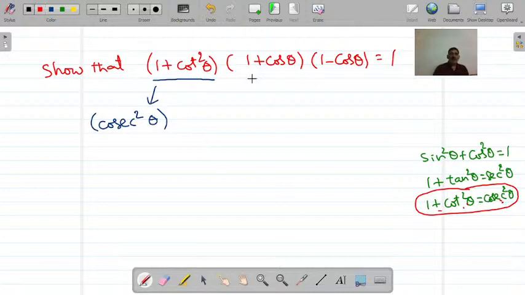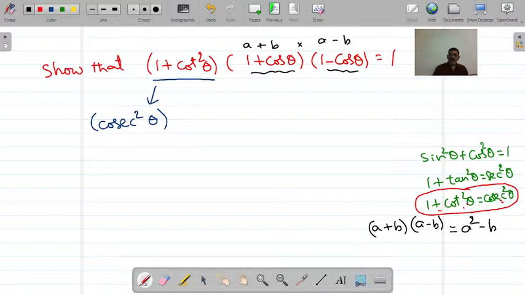Next, observe these two: 1 plus cos theta into 1 minus cos theta. If you consider this like A plus B into A minus B, we know from algebraic identities we learnt several times that A plus B into A minus B is A square minus B square. But what is A here? 1.